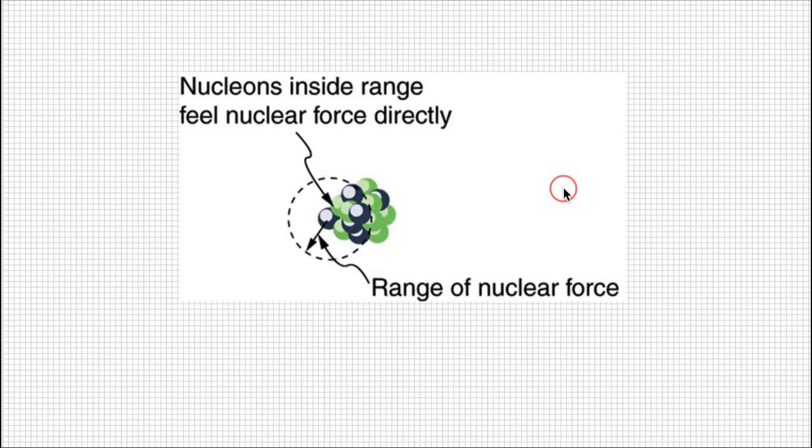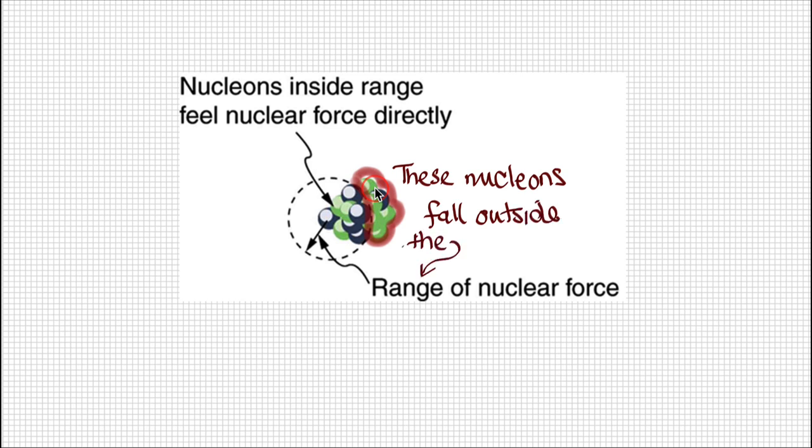So just to complete the picture here, we have some nucleons that may be within an atom whose proton number is greater than 83, and the circle shows the range of the force. Any of the nucleons that sit outside this range are vulnerable to repulsion forces, and therefore these have the potential to be ejected from the nucleus.